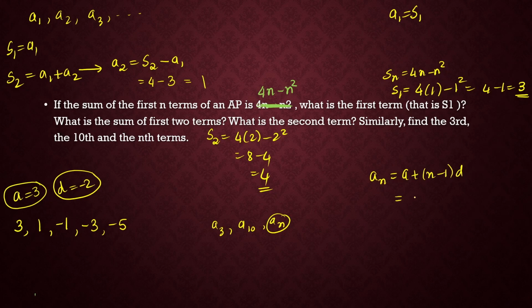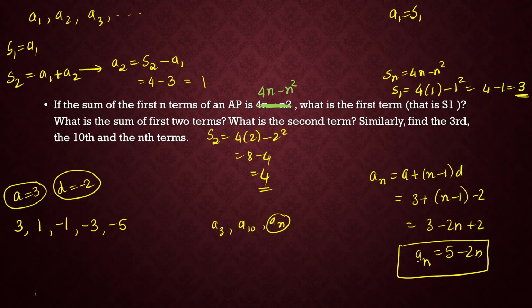Now you know that the value of a is 3, so 3 plus n minus 1 into d value, which is minus 2. So that is equal to 3 minus 2n plus 2, that is equal to 5 minus 2n. So this is your nth term. Okay. So just substitute the value of n and you will get the same thing. For example, if you just put n equal to 1, you will get the first term 3.